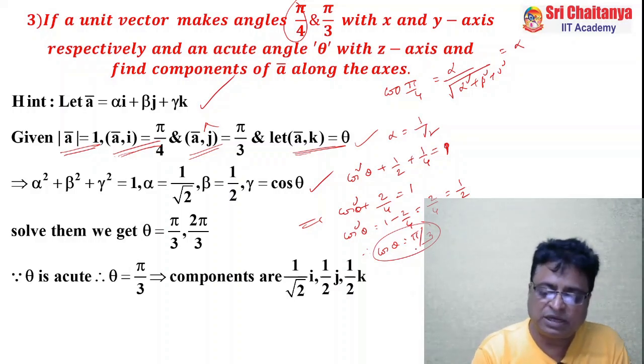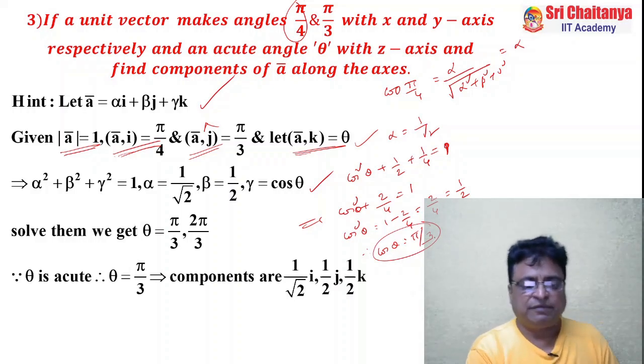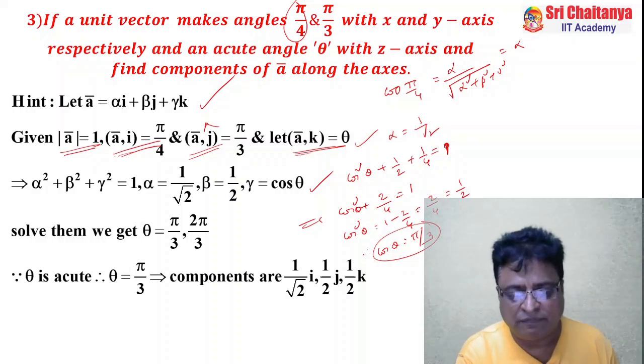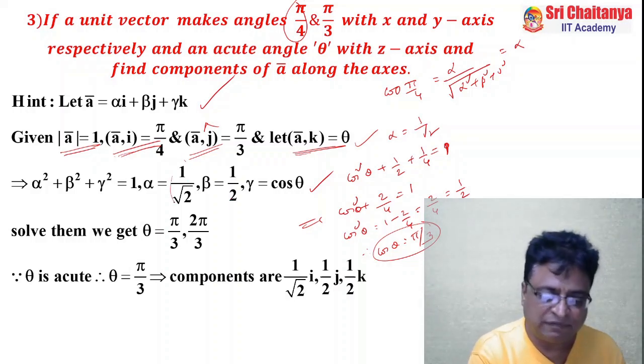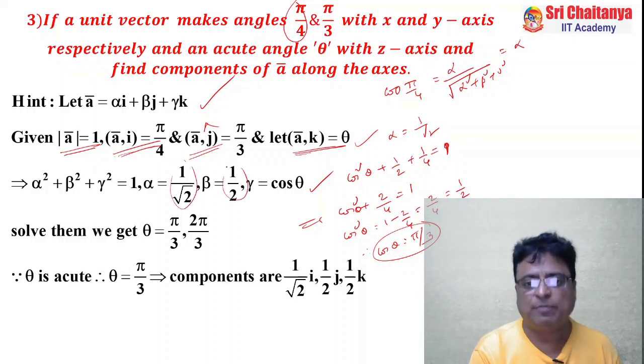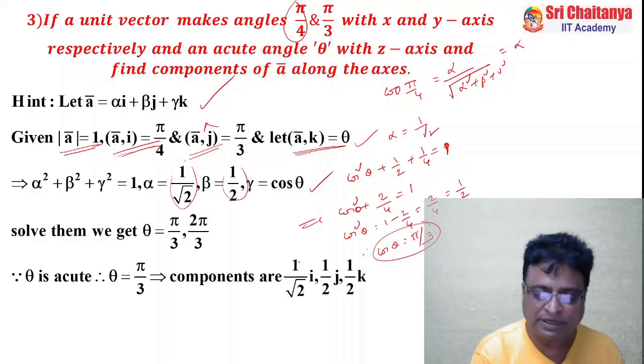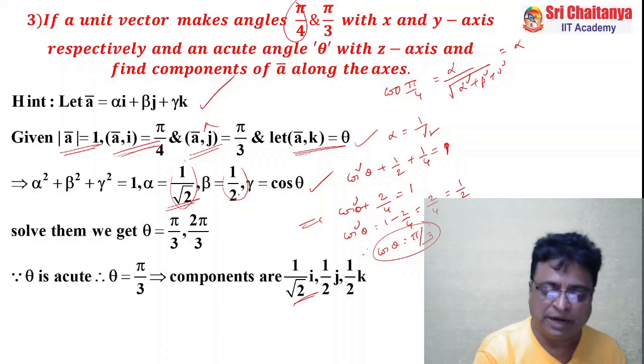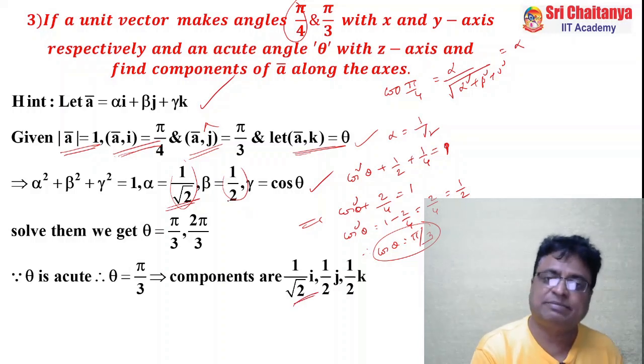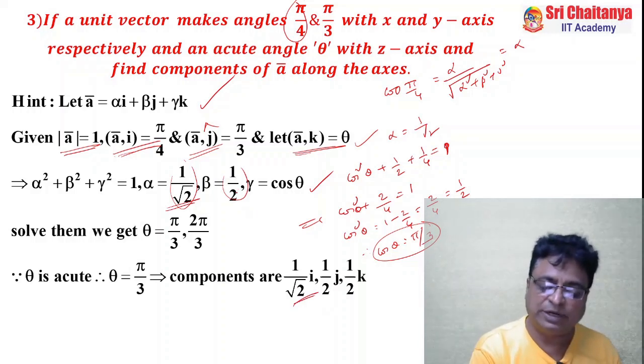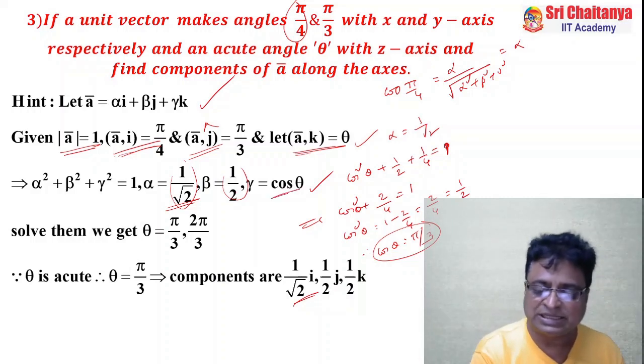So if I got theta, what is my alpha and what is my beta? I want the component vector. So 1 by root 2 i, because it is along the x-axis. This is the component vector, and the magnitude I know. Then 1 by 2 j. And cos pi by 3 is equal to what? 1 by 2.